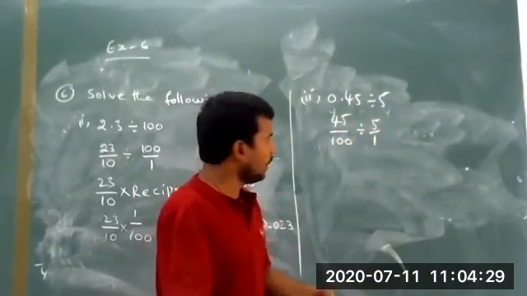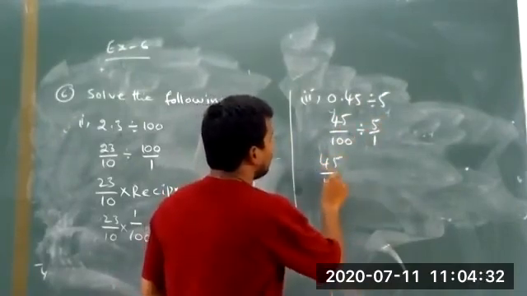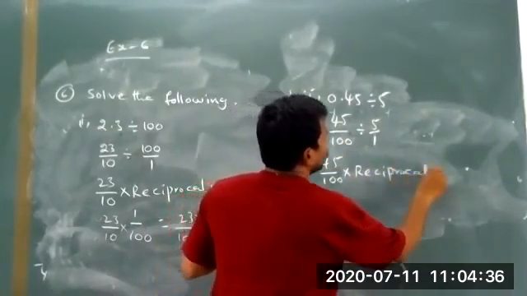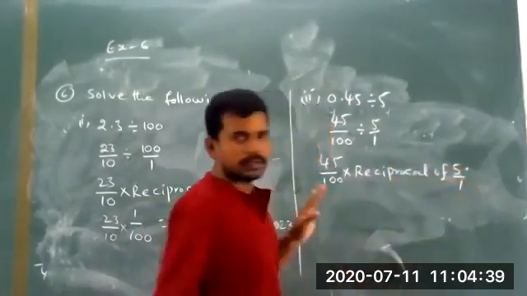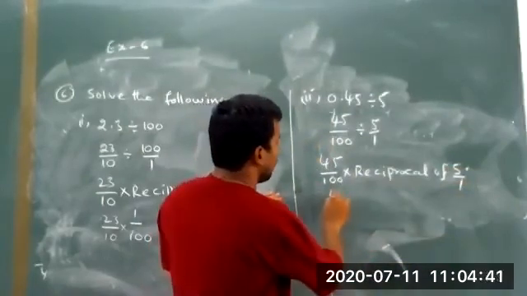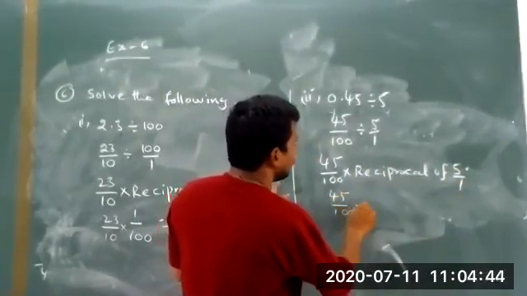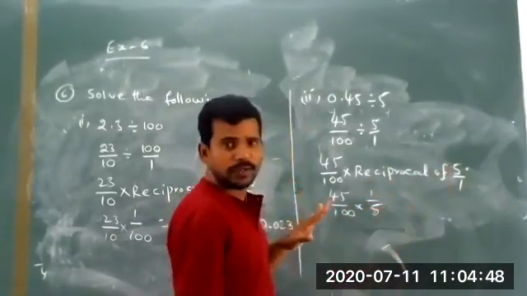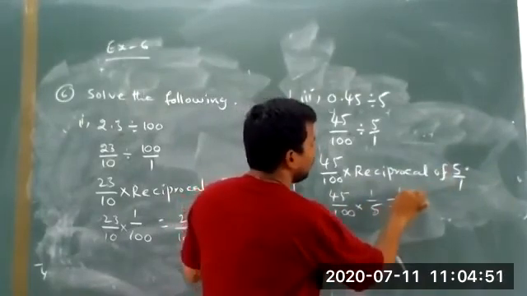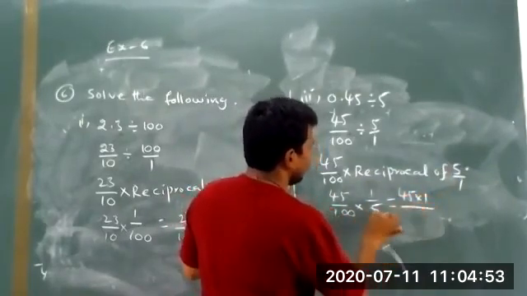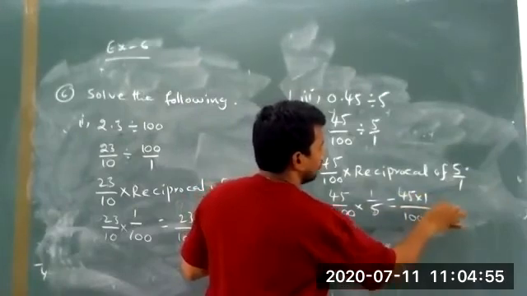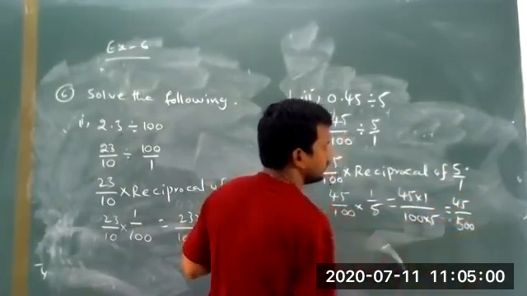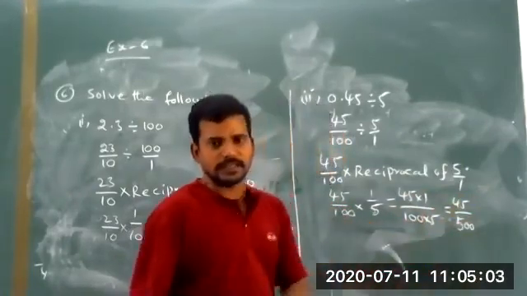Now 45 by 100 into the reciprocal of 5 by 1, which is 1 by 5. So 45 into 1 by 100 into 5. 100 into 5, how much, children? 500. 45 by 500. This is the answer.